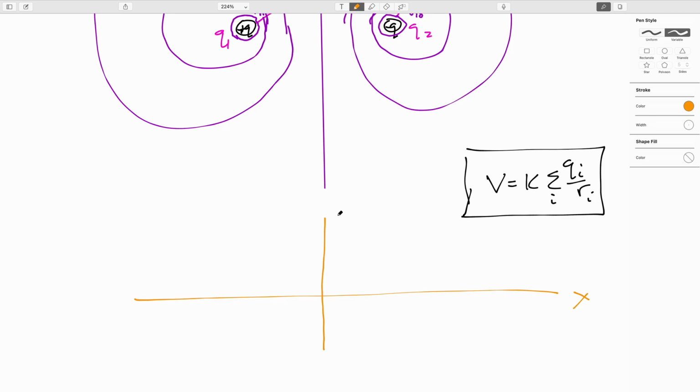Right where our charges are located here and here, the voltage would be going off towards infinity here, and here we would be going down towards infinity like that. And then in between, it's going asymptotically from one infinity towards the other infinity, something like that. If you were to try to imagine this as some sort of a 3D surface shape, you could be imagining a volcano sitting next to a whirlpool or something like that.